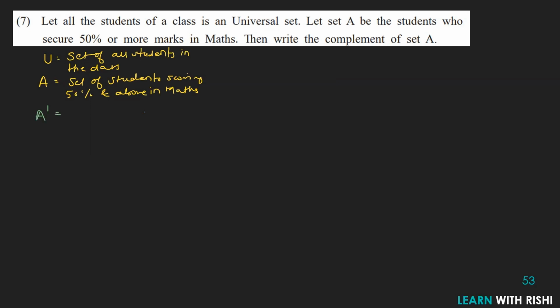What is complement? Complement means the elements present in set A will not be included in the complement of A. Right? So our set is the students scoring 50% and above. So A complement will be the remaining students who are not scoring 50% and above. So A complement becomes the set of students scoring less than 50%.